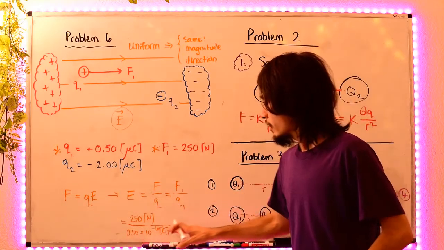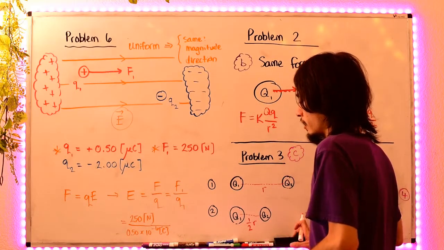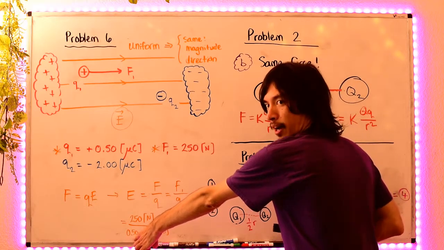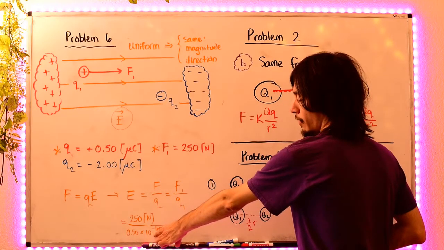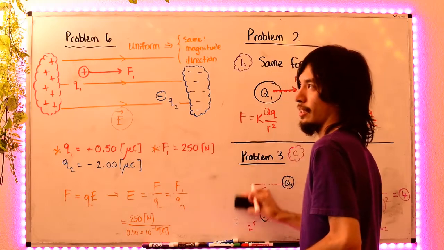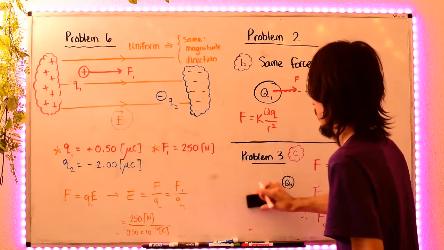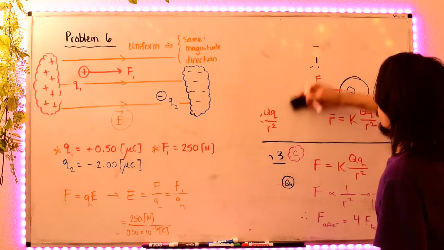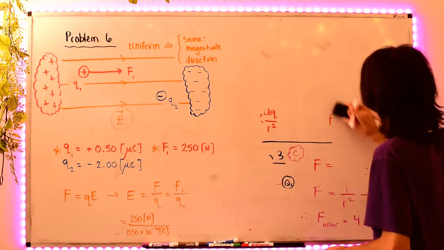So you would calculate this out. You would find 250 over 0.5 would be 500, and then you would have a 10 to the 6th. So I think you should get something around 5 times 10 to the 8th. So let me erase this real quick and let me just check that's the case.